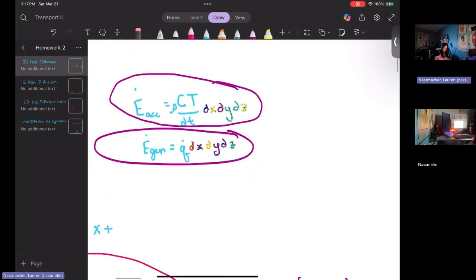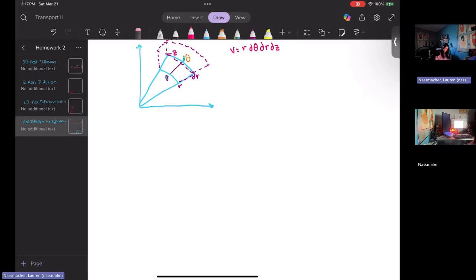So we have our energy accumulated and our energy generated, and those two equations are essentially going to be the exact same, but we're going to add in that radius to the volume right here. So let's take those two equations.